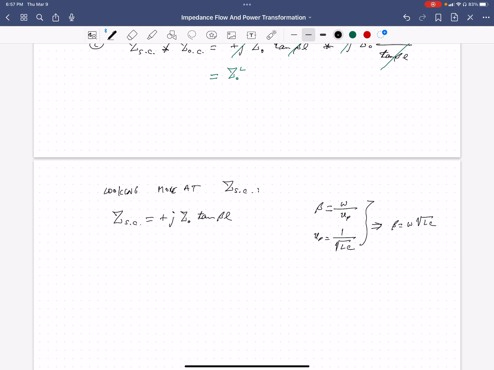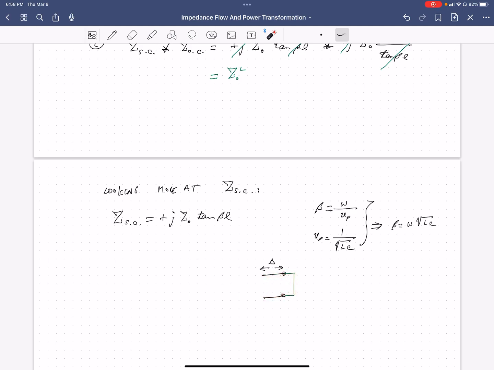So plug that in. Let's say we have a short length of transmission line, and let's say the length is delta, and I'm going to short circuit this end. Imagine you're on a printed circuit board and you've fabricated a short stub of transmission line, and you're shorting the end.